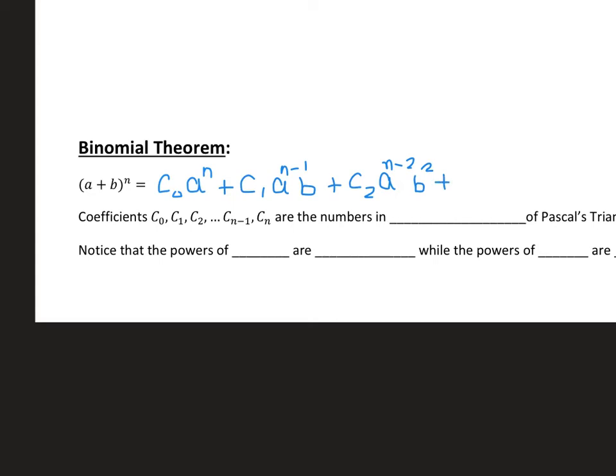And I'm going to keep going, dot, dot, dot, with this pattern until I get to the second to last term, which we'll call c sub n minus 1. And on that term, a is going to be up to a power of 1. And b is going to be up to n minus 1.